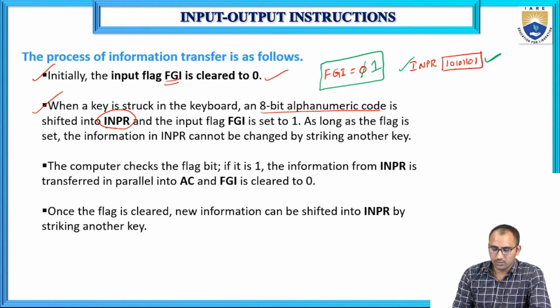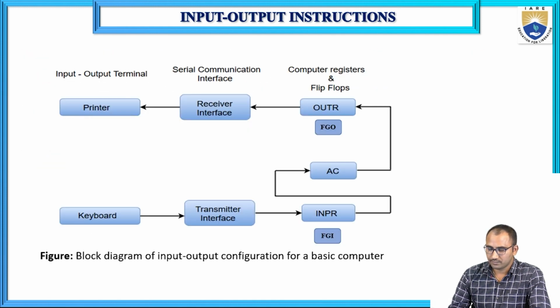Next point: the computer checks the flag bit. If it is 1, the information from INPR is transferred in parallel into the accumulator and FGI is cleared to 0. See here, this is the INPR.